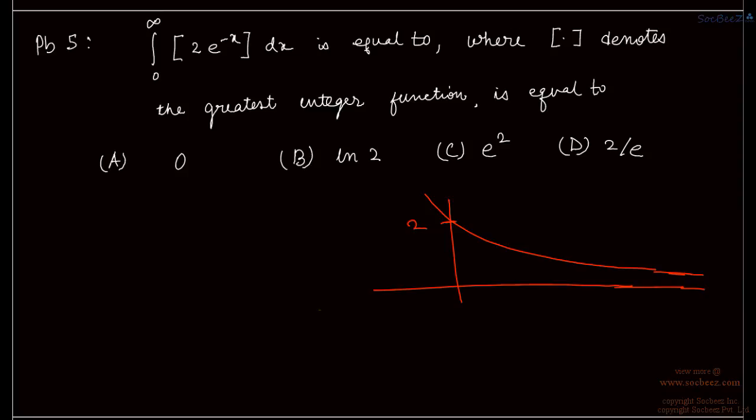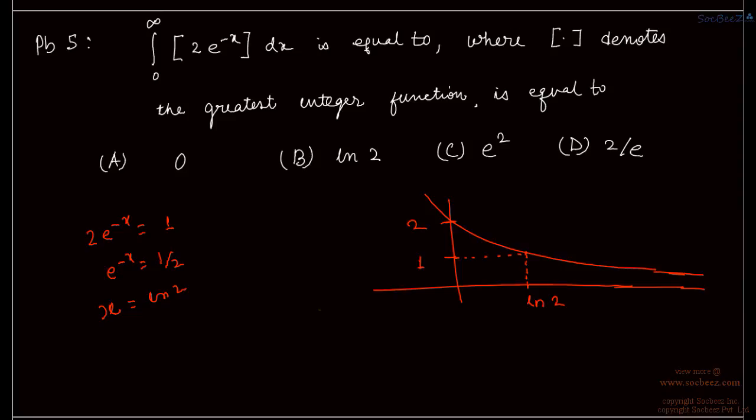The value 1 is somewhere here, which is intersecting the curve at x. Let us calculate this value. So 2 e to the power minus x is equal to 1. That means e to the power minus x is equal to half, or x is ln 2. So this value is ln 2, log base e of 2.